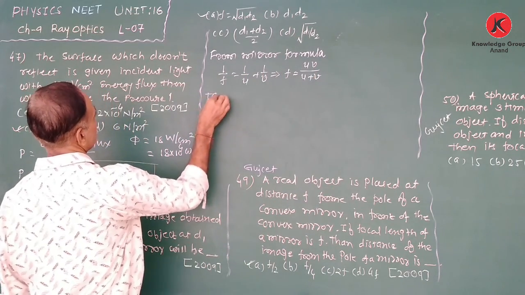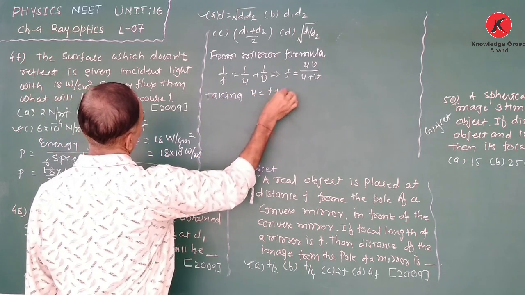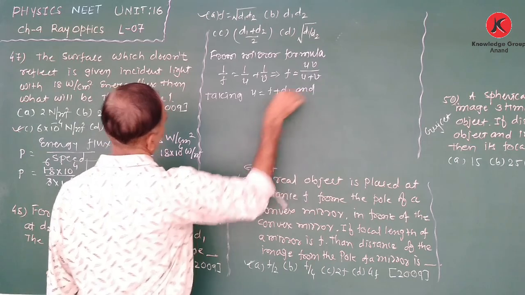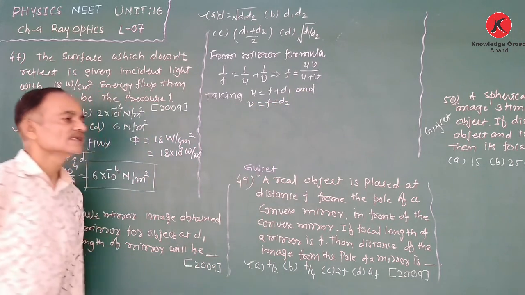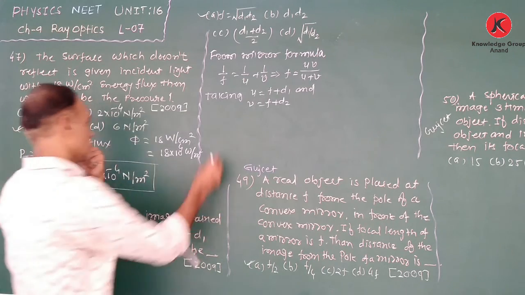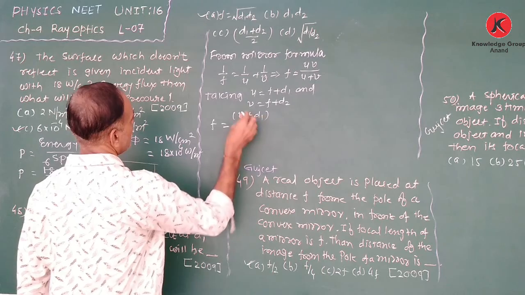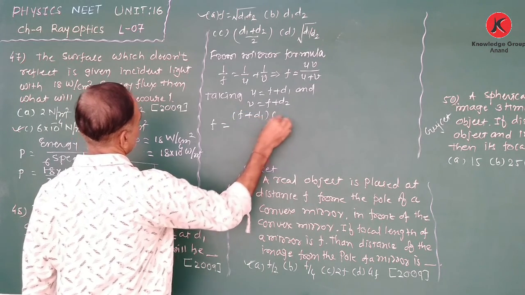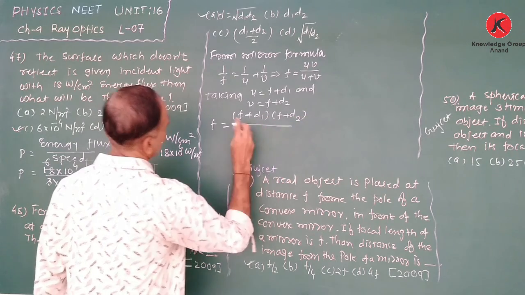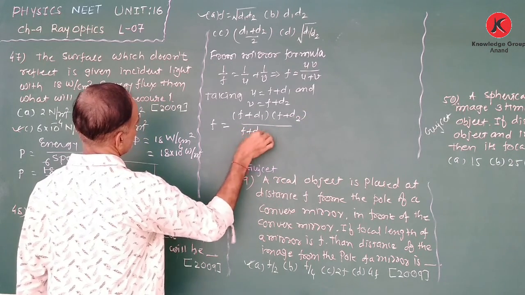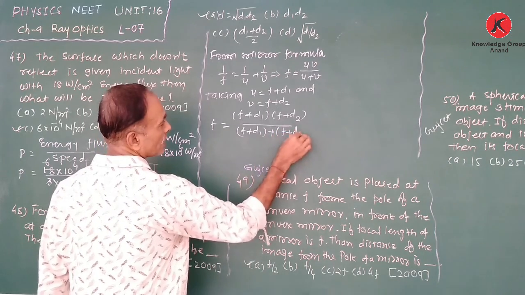Now, taking u as f plus d1 and v is equal to f plus d2, substitute these values. Therefore, f is equal to (f plus d1) into (f plus d2) upon (f plus d1) plus (f plus d2).